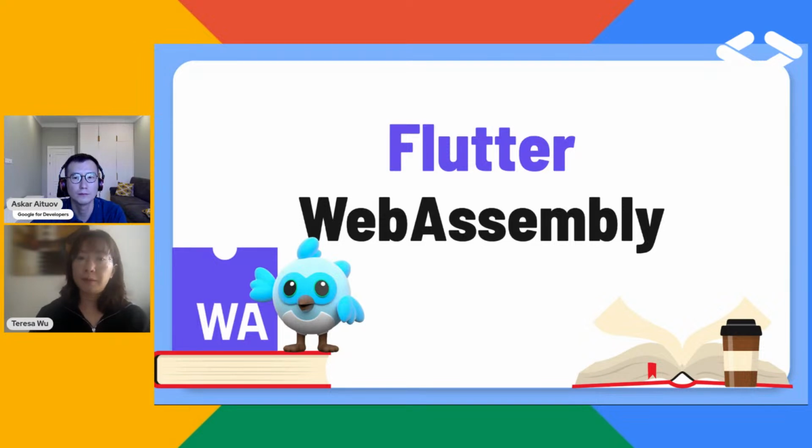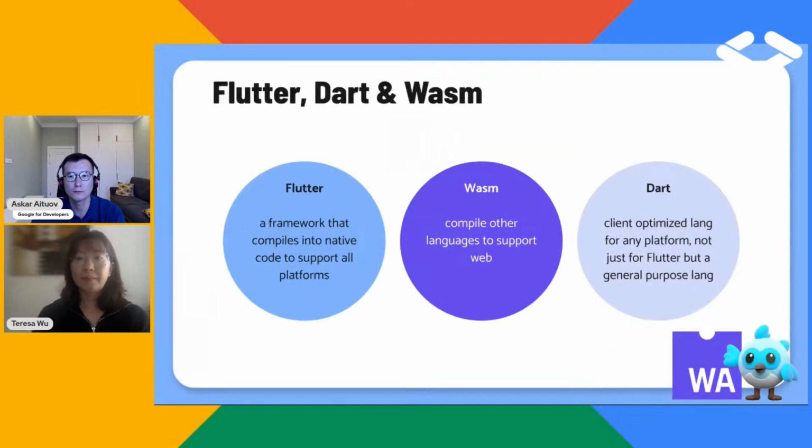Now, how does Flutter support WebAssembly? Let's go into the world of Flutter now. Again, at a high level, in case you are new to Flutter: Flutter is a framework that compiles native code to support all platforms. Dart is a client-optimized language for any platform, not just Flutter.